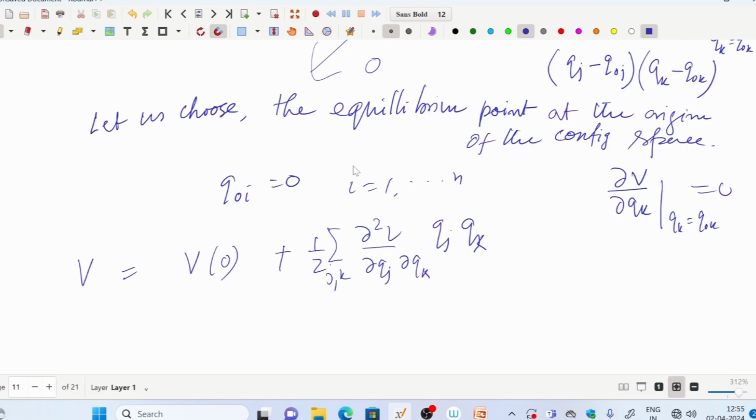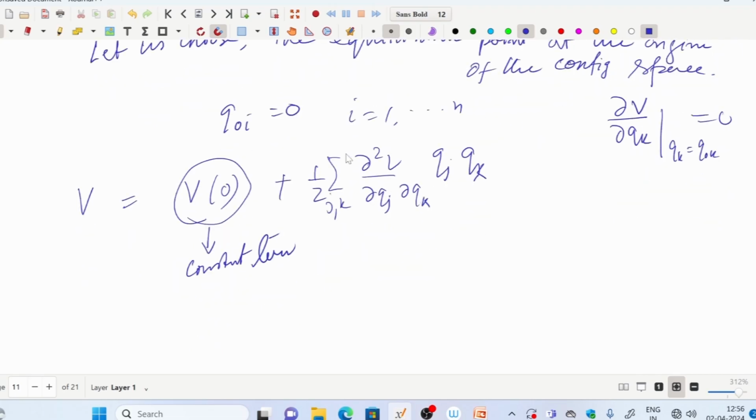Now this is a constant term and can be considered to be 0 by choosing the zero of the potential.